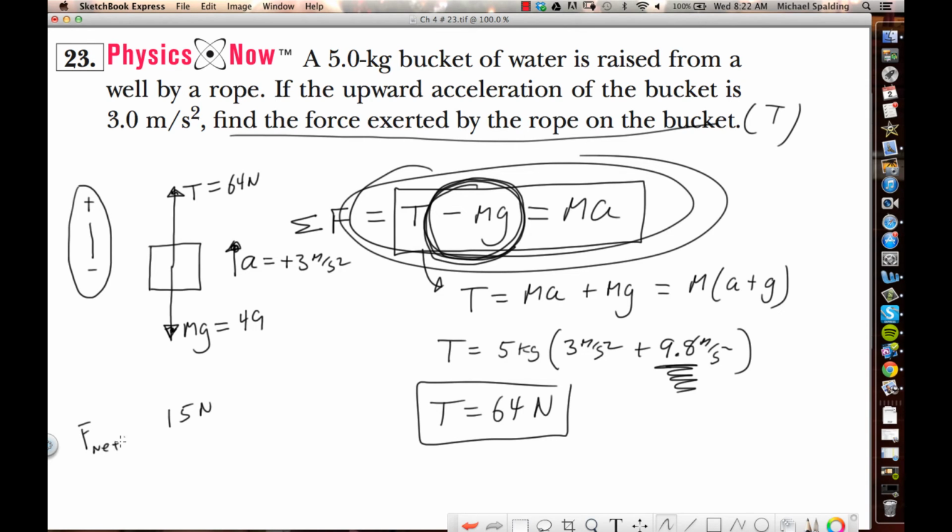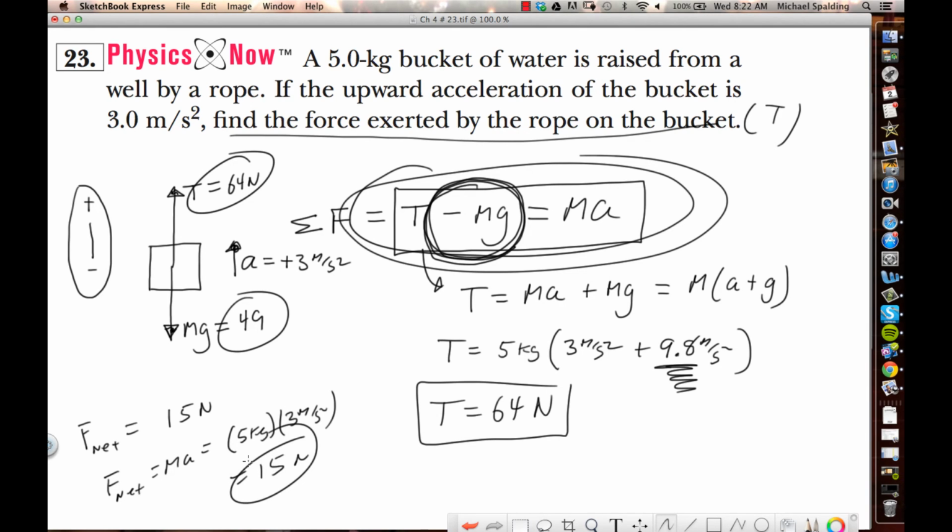F net. And how did I get that? Well, 64 up, 49 down. That's 15. Or what's another way you could have found net force? You could have gone, oh, net force equals ma. The mass of the bucket is 5. The acceleration is 3. What's 5 times 3?